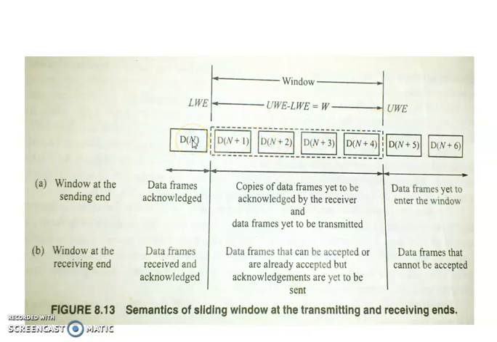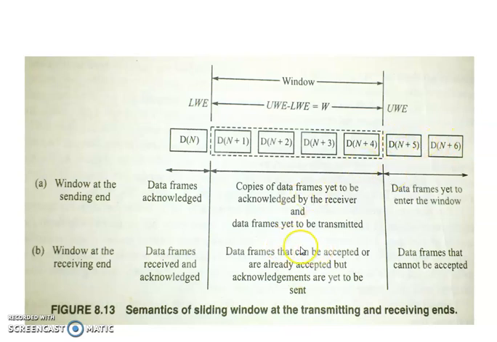Now what will be this frame? It will be the frame that is transmitted and whose acknowledgement is received. And what will be this frame? These will be the frames which are yet to enter the window.